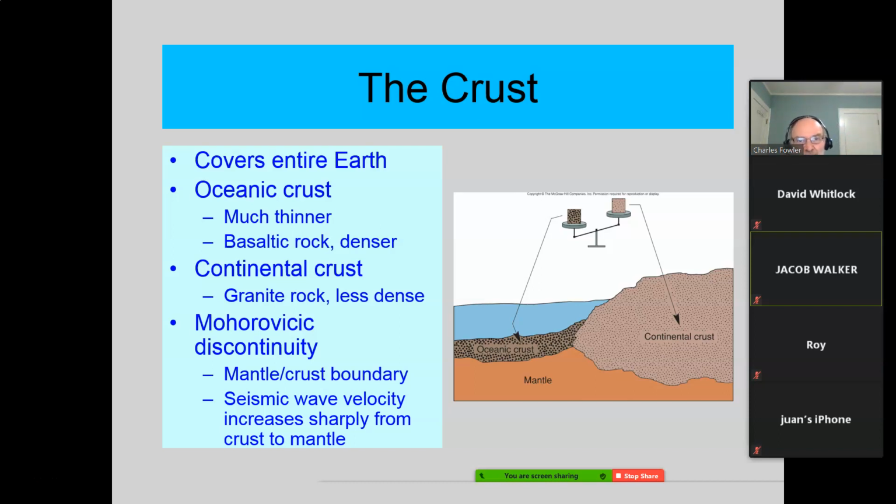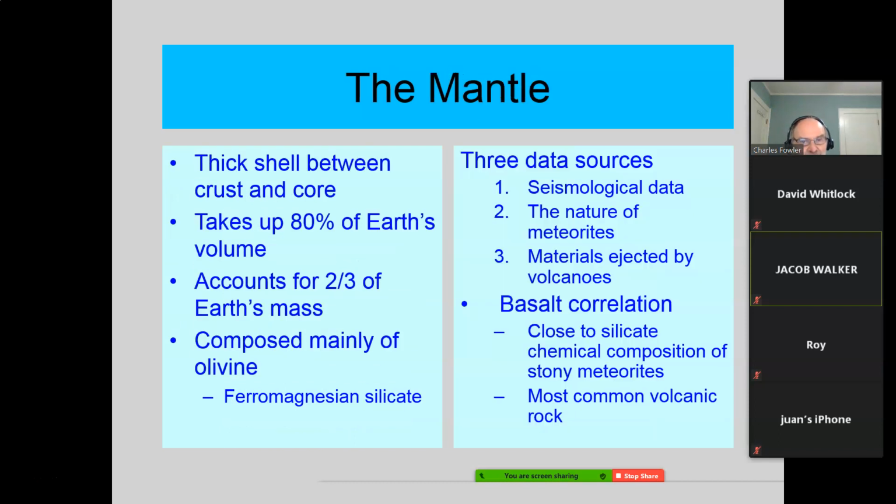Any questions so far? There's the crust. Let's move to the mantle. I've already been going back and forth there. It is a very, very thick shell between the crust and the core. It takes up 80% of the Earth's volume, that mantle.